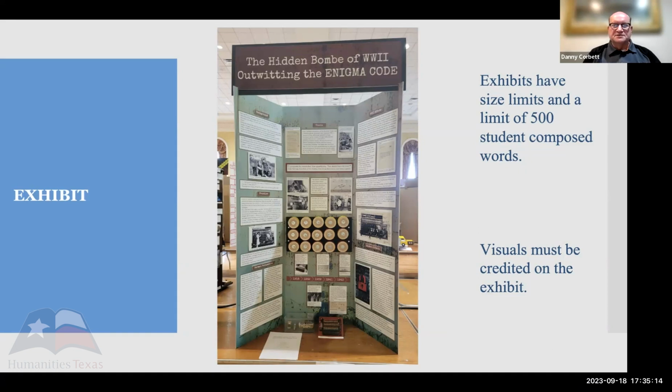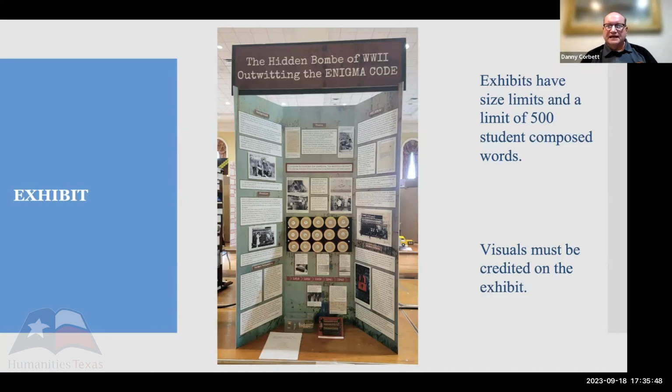And so the exhibit needs to fit on a tabletop, although they can design it to stand on the floor, either way, as long as it fits within those size limits. The other thing that I'll mention is you typically see the trifold, the 3-section exhibit like you see in the picture there, but that doesn't mean that it has to be. Students can get creative and find different ways that they can design their exhibit.